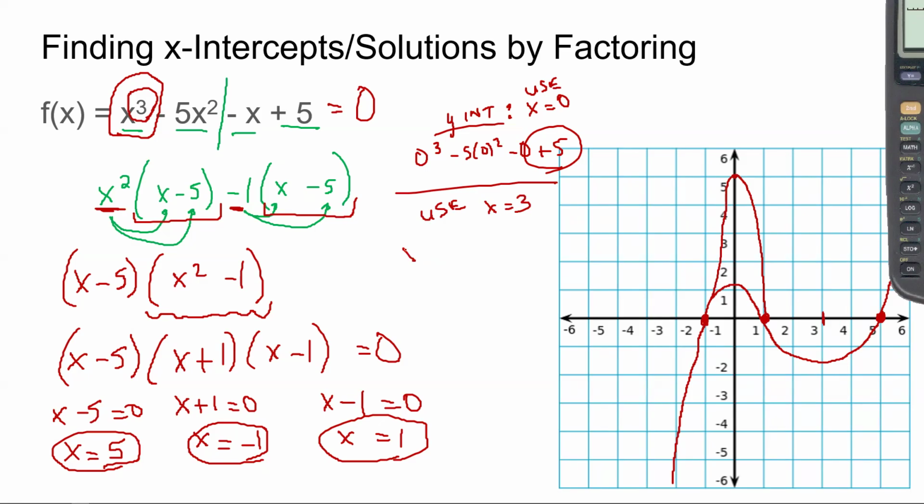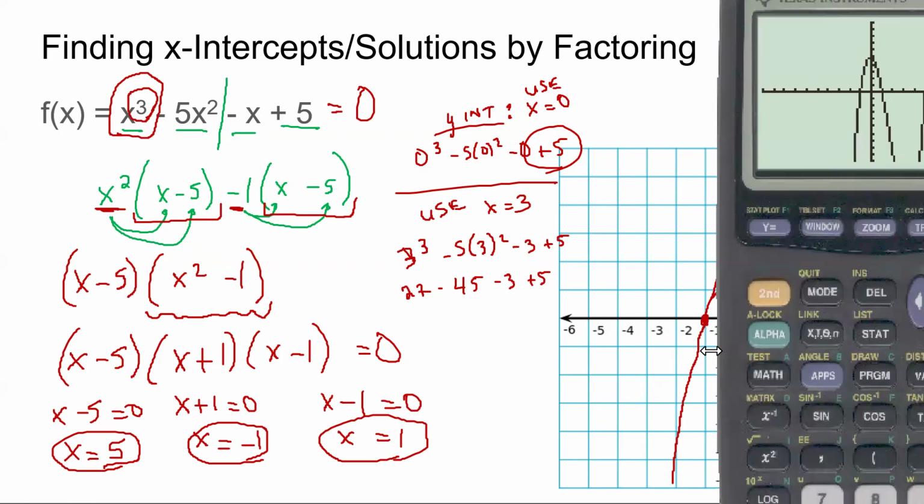And when I put in here 3 cubed minus 5 times 3 squared minus 3 plus 5, that'll give me another data point down here somewhere. 3 cubed is 27, minus 5 times 9 would be 45, minus 3 plus 5. Big mess. 27 minus 45 would be negative 18, negative 21, positive 16, negative 16.